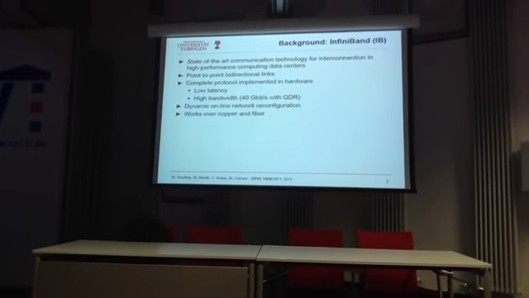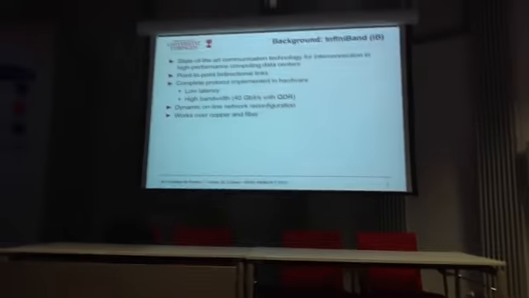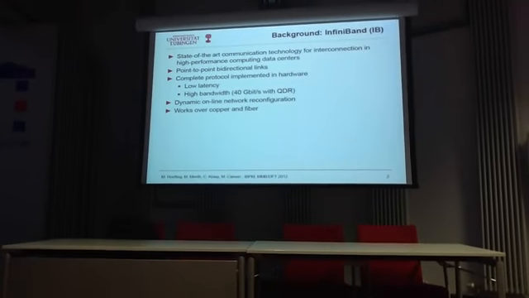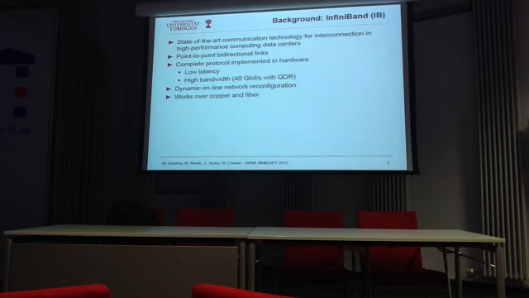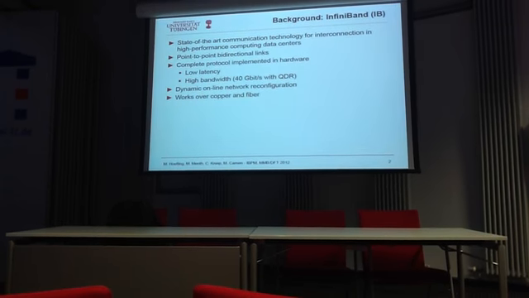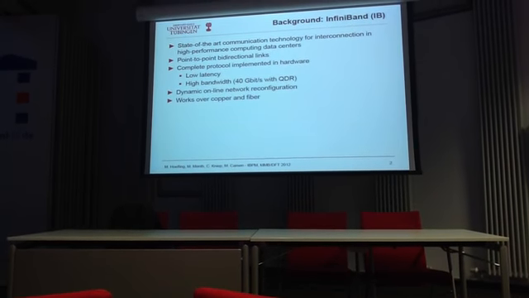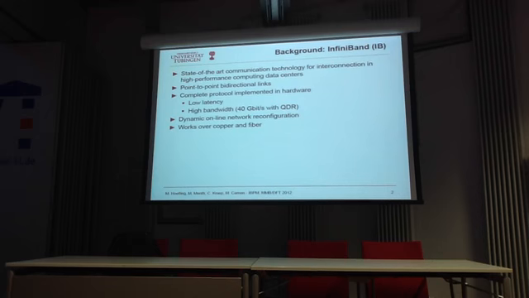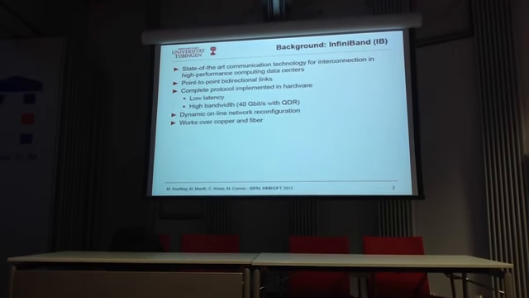It only has a table of destination and local port. If a packet comes in saying it wants to reach this destination, the switch looks up which port it should use to route it, and then it is gone. So no big workload for the switch. And it works on copper and fiber.